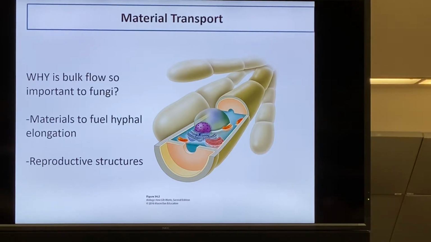And again, going back to some of what Dr. Brewer was just saying, you need to be able to distribute materials throughout the organism, and especially for fungi, because the way they're getting nutrients is by growing these hyphae, then you need to be able to get the nutrition to the end of the hyphae to continue to proliferate. Additionally, the reproductive structures also need to be maintained. So these organisms need to be able to have a system to get the materials that they need to those structures.